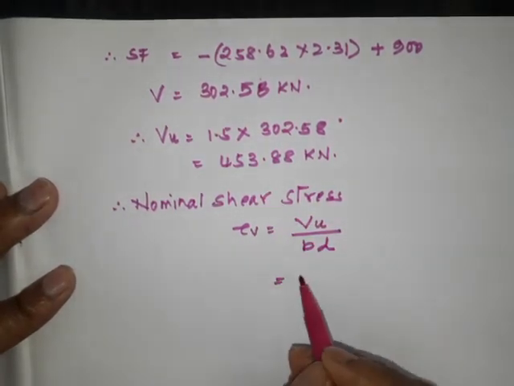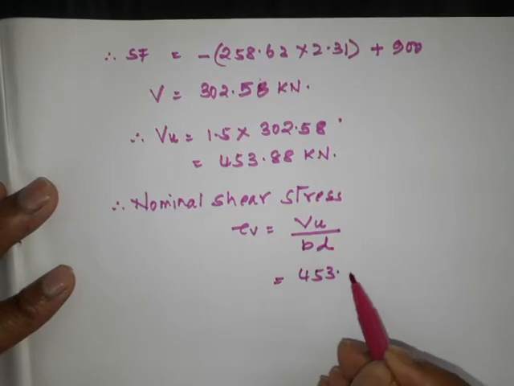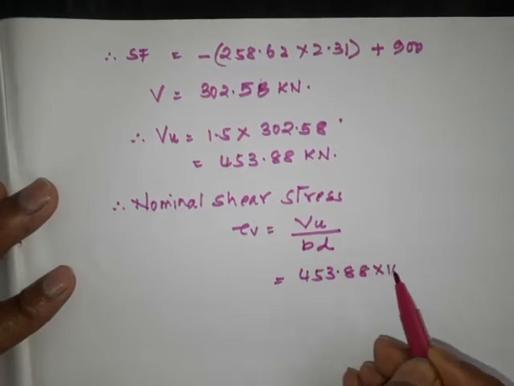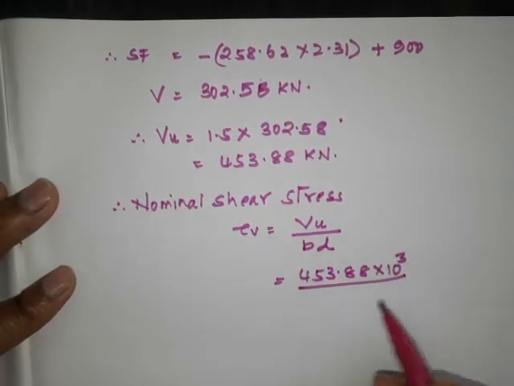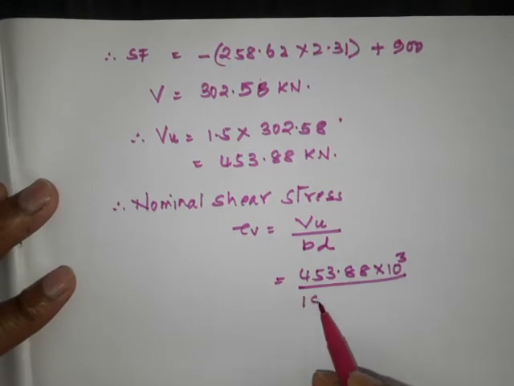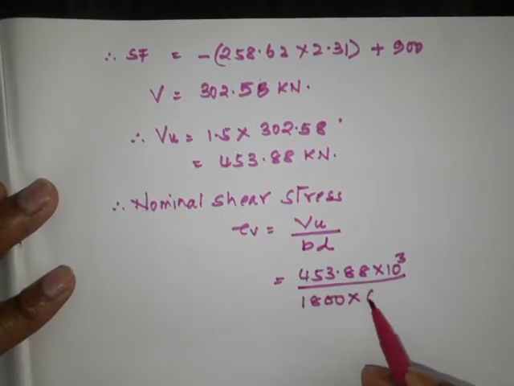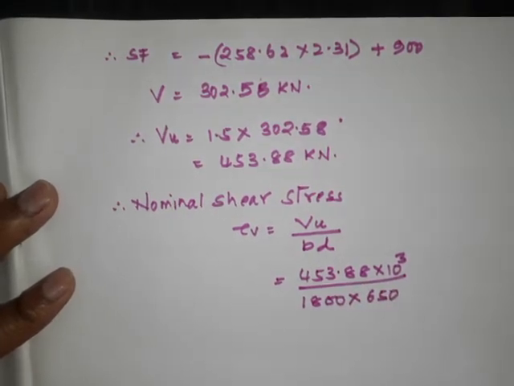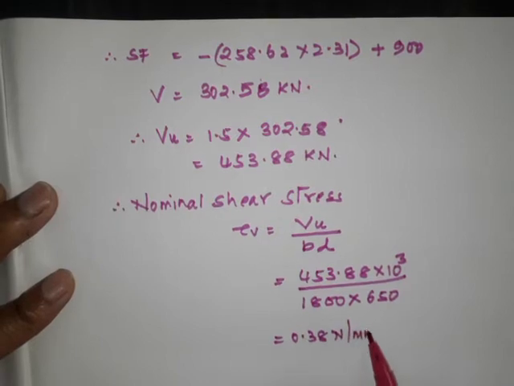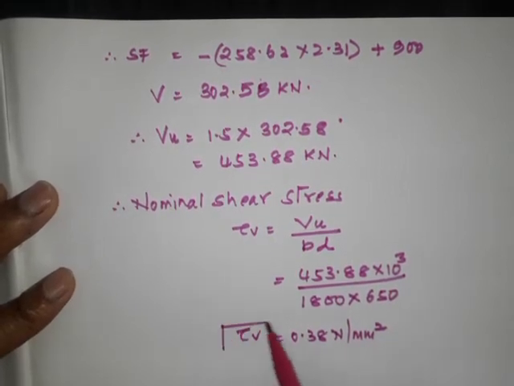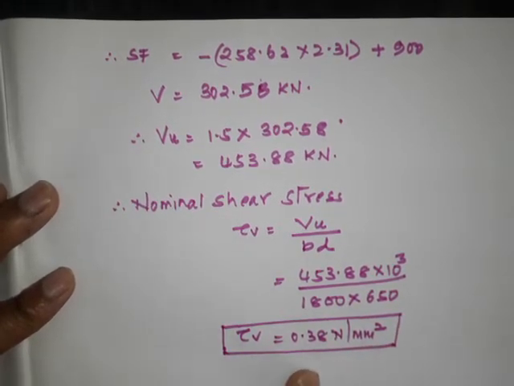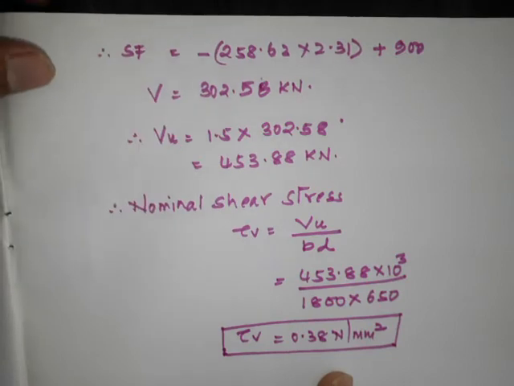Vu already we have calculated here: 453.88 into 10⁻³ divided by b, which is 1800, into depth, which is 650. So we will get the value of tau v as, I'll just make a box here, 0.38 Newton per mm square.